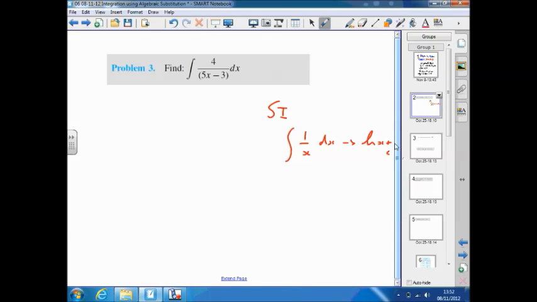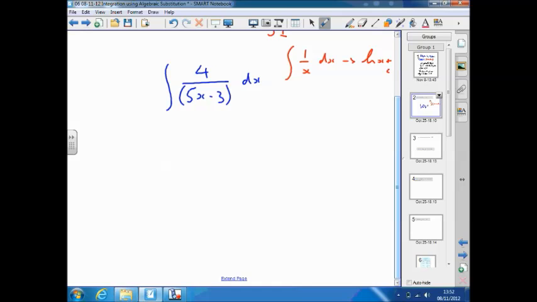So what we can do with this integral is say the integral of 4 over 5x minus 3 dx with respect to x equals, as we've done before, we can take the 4, which is just a constant, outside the integral, so this equals 4 times the integral of 1 over 5x minus 3 dx.